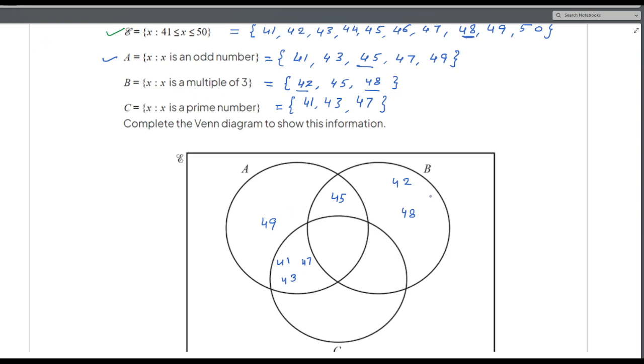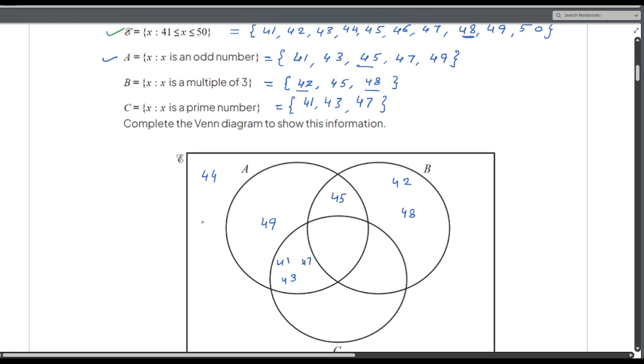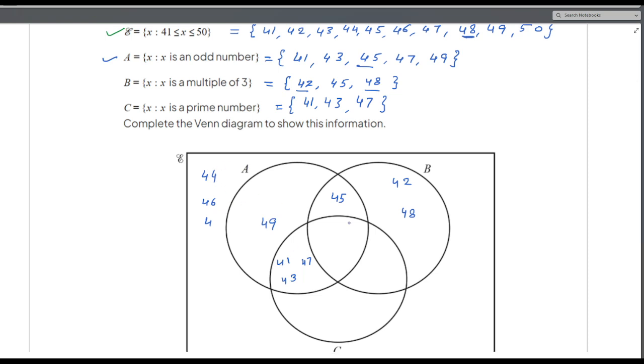So what 3 numbers are left? 44, then 46, 41 is here, 42 is here, 43 is here, 44, 45 is here, 46, 47 is here, 48 is here, 49 is here.